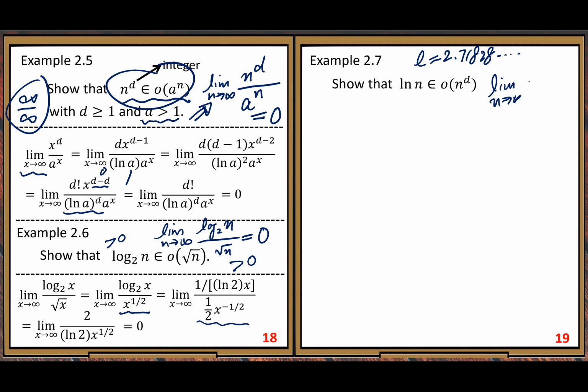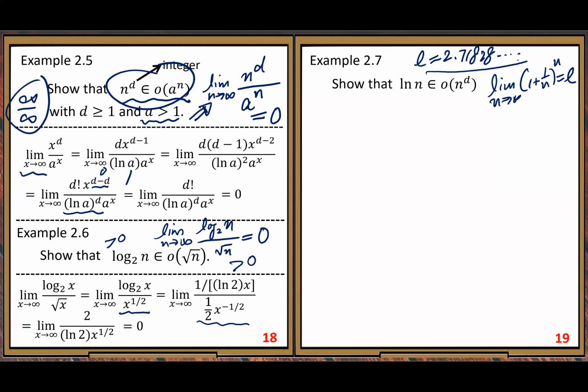As n goes to infinity, 1 plus 1 over n to the nth power. This limit is e. Okay, so the e number is this one. Just the background.